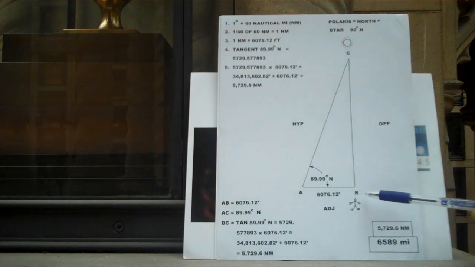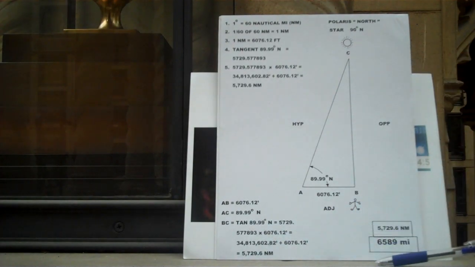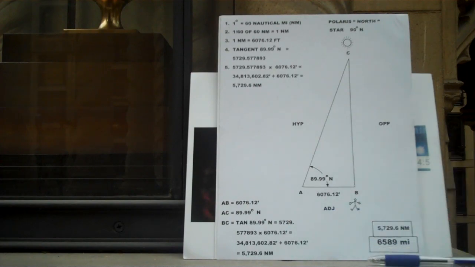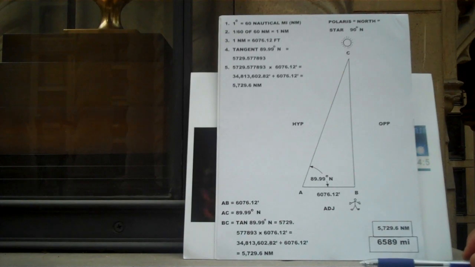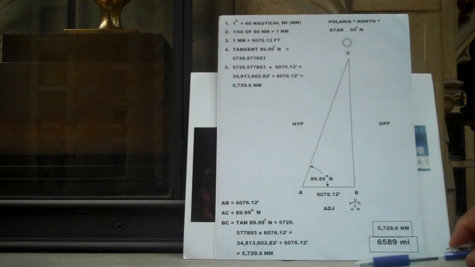B to C is the tangent of 89.99 degrees north, which equals 5,729.577893 times 6,076.12 feet, which equals 34,813,602.82 feet divided by, this is basic arithmetic, 6,076.12 feet, which equals 5,729.6 nautical miles.